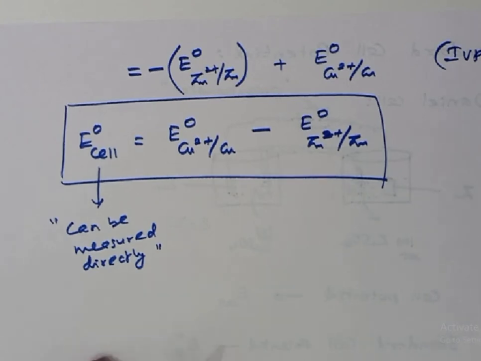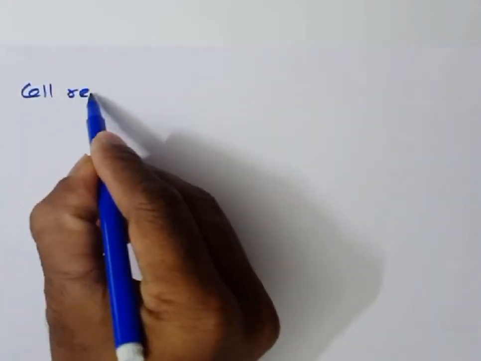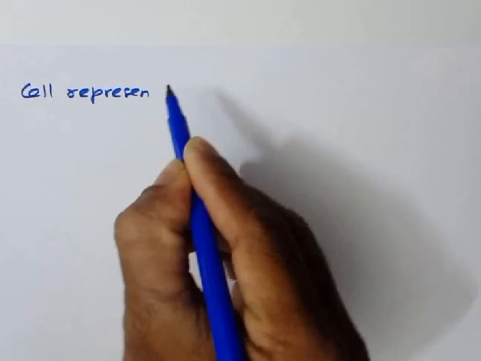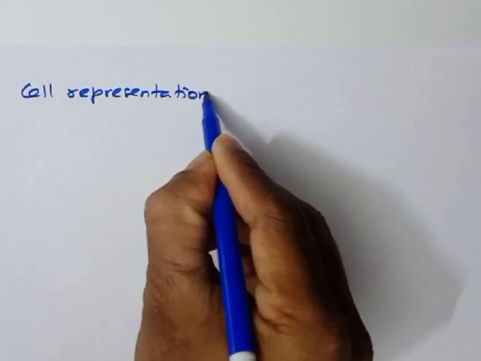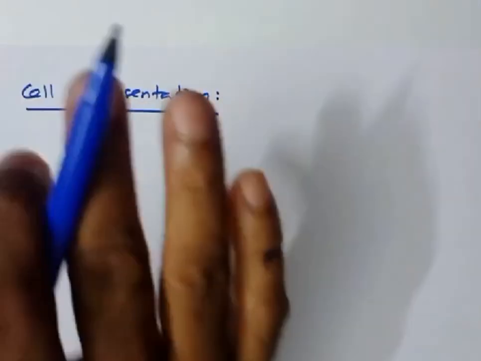But before that, let me introduce one more point, one more piece of information, that is how to represent a cell on a paper. Cell representation. This is very, very important. How to represent a cell on a paper.